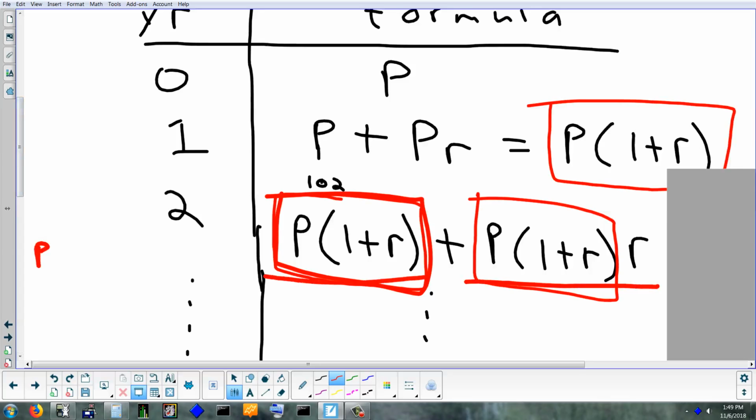Yep. So we're going to take out a P times 1 plus r. If you take out a P times 1 plus r from the first thing that I underlined, what are you left with in the underlined part?